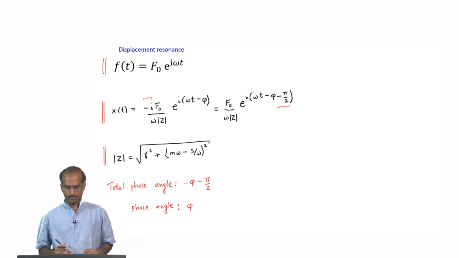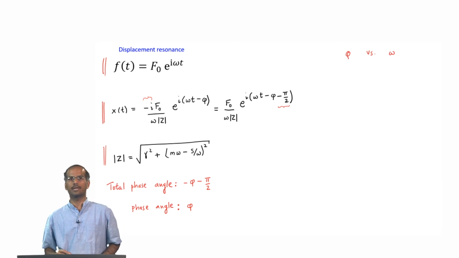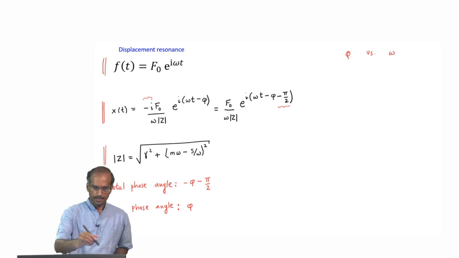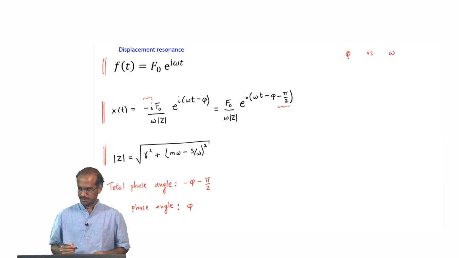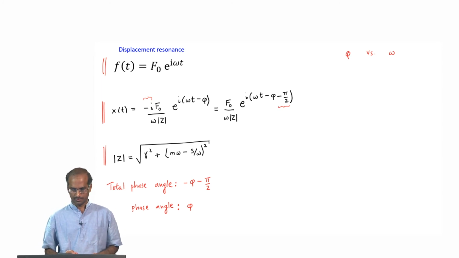Now, since we want to plot phi versus the angular frequency omega, let us first look at the range of these quantities. Let us sketch the total phase angle.